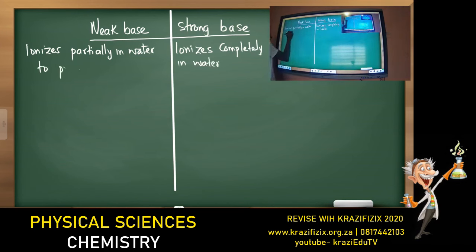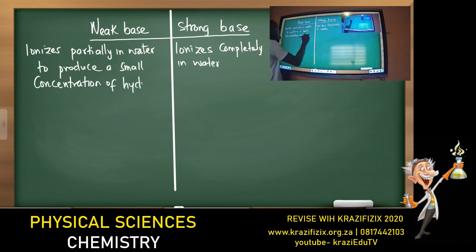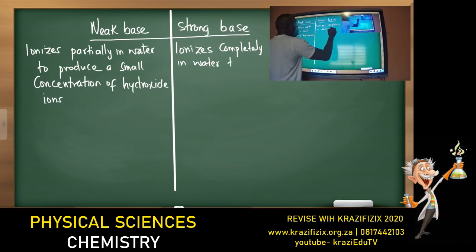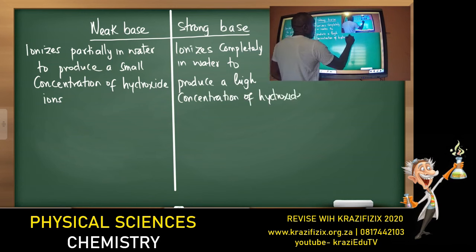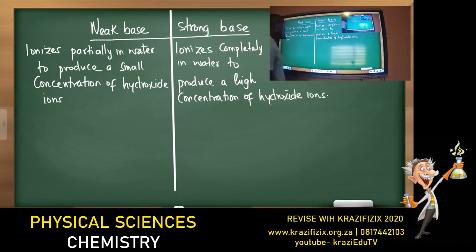It ionizes partially to produce a small concentration of hydroxide ions, while a strong base will ionize completely in water to produce a high concentration of hydroxide ions. Very key. That's the first thing.